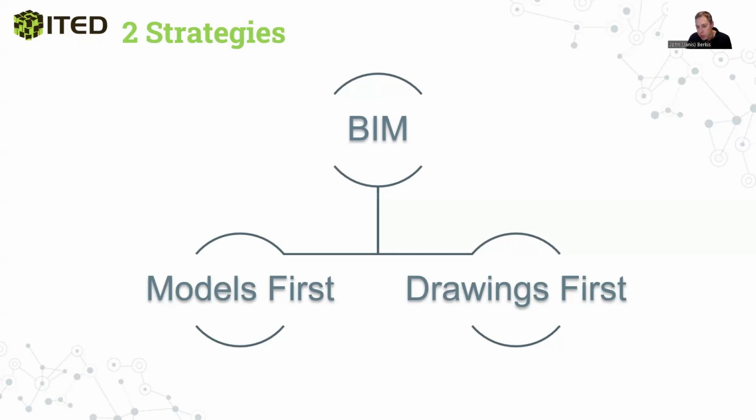Another option or strategy is that you can model based on the 2D drawings, but later at some point during the project lifecycle, either during design, or at the end of design, or early in construction. That's also a possibility. Of course, there is also a possibility to mix these approaches. So let's say an architect is comfortable creating the models and the MEP designers are not.